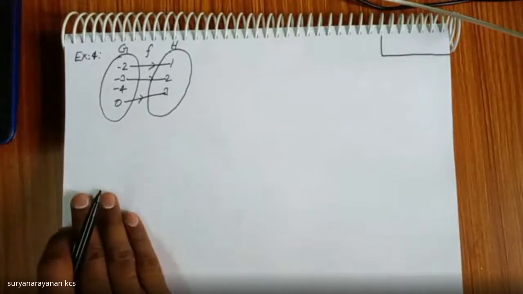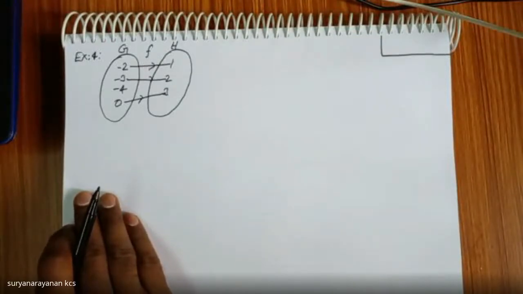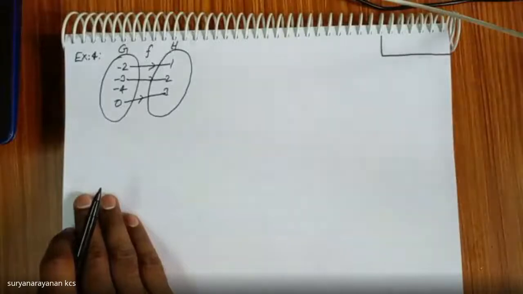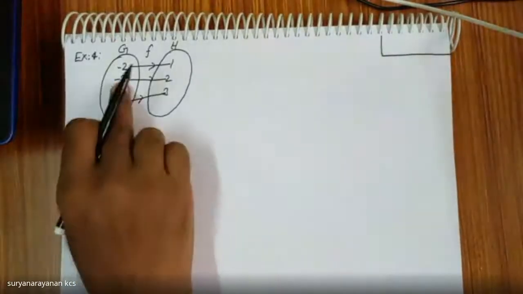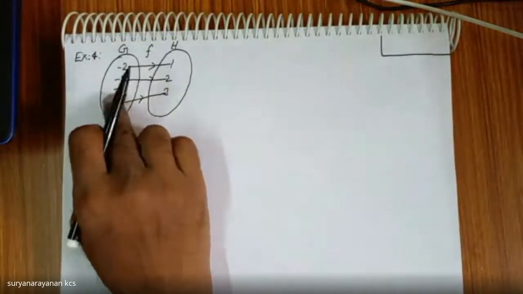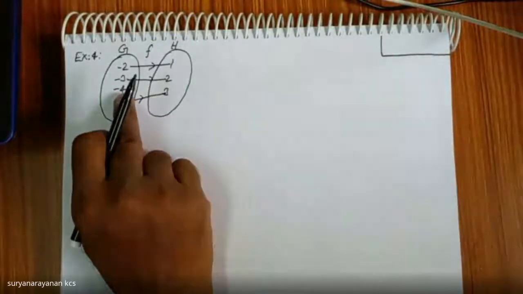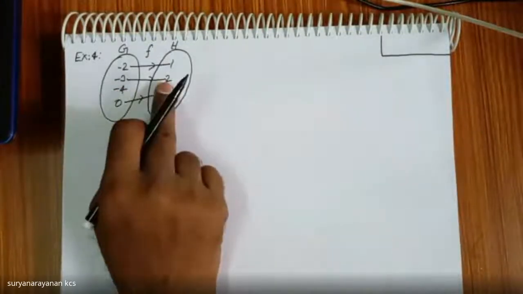Have you observed this arrow diagram carefully, my dear Nikhil? Why is this not a function? Yes, very good. -4 here. In the first set, the element -4 is not connected with any element.